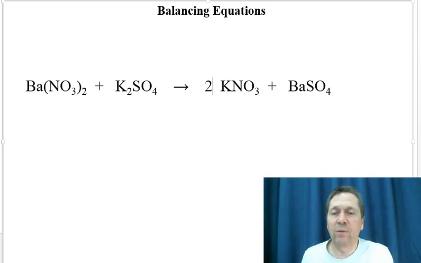So we've done the barium, we've done the nitrogen, we've done the oxygen. Let's do the potassium. I think you can see it's going to balance out because we've got 2 on the left and we've got 2 on the right. We haven't done the sulfur yet. 1 sulfur here, 1 sulfur here, so that's good. And we've already done the oxygen. So that's how you do it.